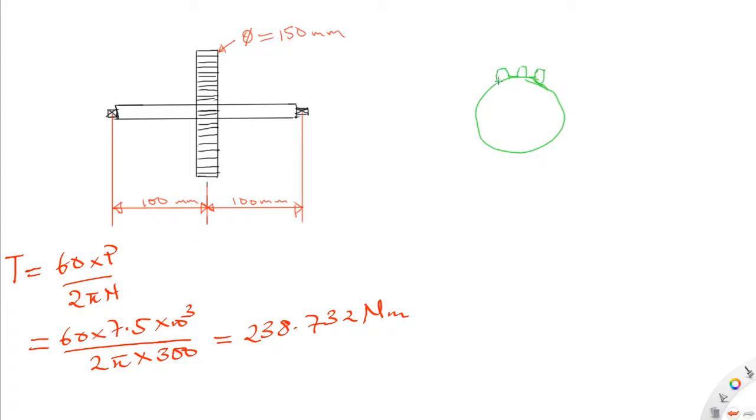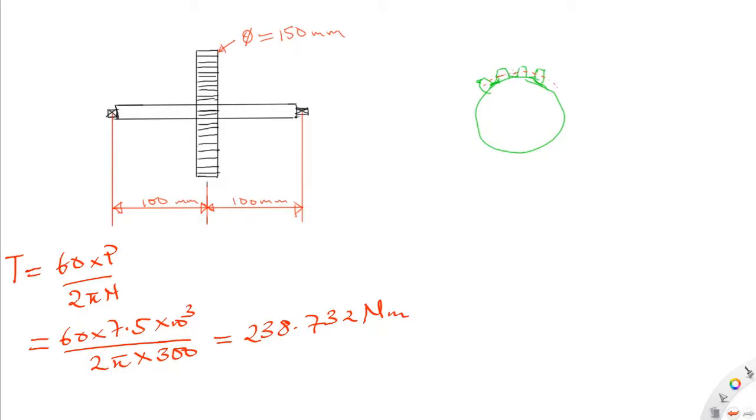This gear transmits the power from the source through the gear to the shaft, and it acts along what we call the pitch circle. A pitch circle is usually at the center of the gear teeth, so somewhere around this area here.